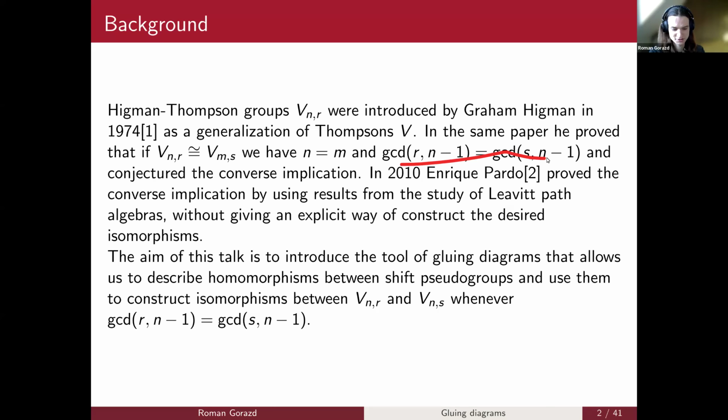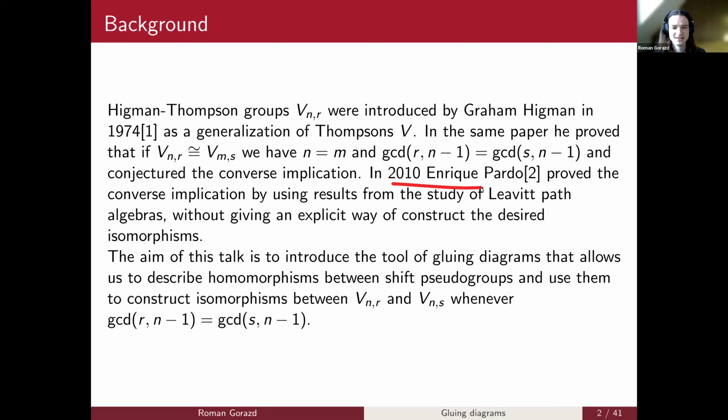Unfortunately, he was not able to prove the converse, but he conjectured it. And that was open for a good time, over 30 years. In 2010, Enrique Pardo proved the converse implication using results from Leavitt path algebras.